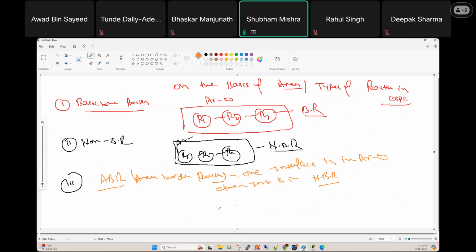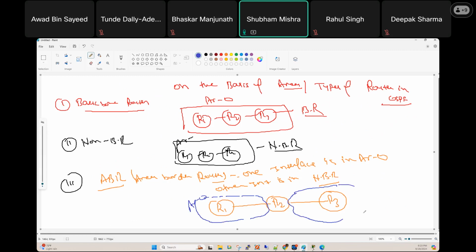For example, R1, R2, R3. Here I configure area 0, and here I configure area 1. It means on router number 2, this interface belongs to area 0 and this interface belongs to area 1. This is the backbone area and this is the non-backbone area.